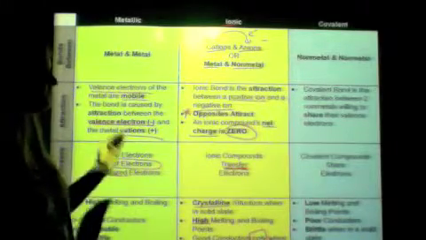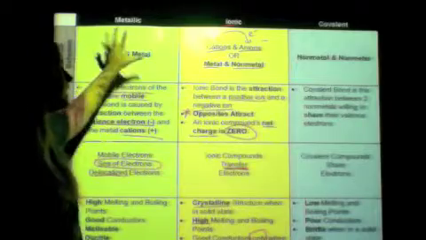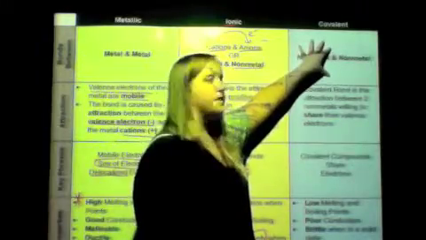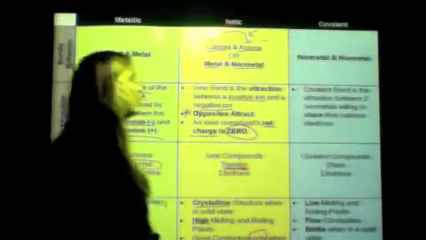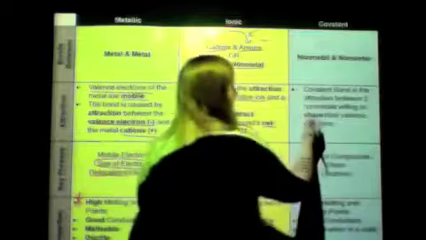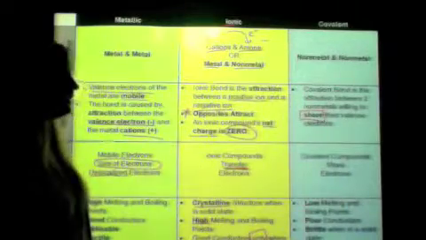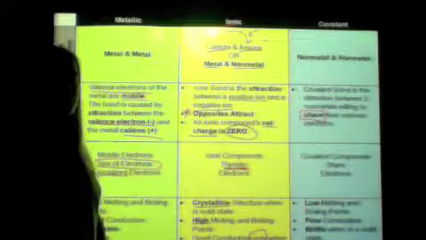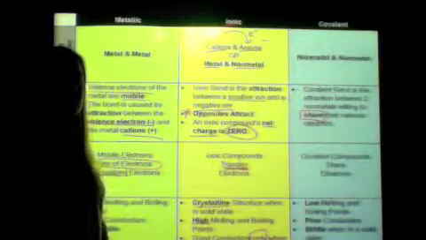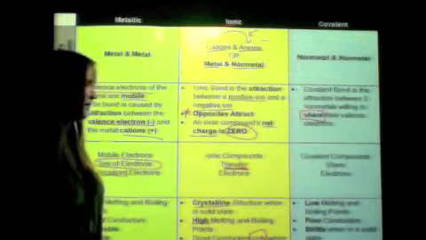So our next type of bonding, we went from metal to metal, metal to non-metal, so the only thing that's left is non-metal, non-metal, with our covalent bond. So covalent bond is the attraction between two nonmetals that share their valence electrons. Neither one of them wants to give away their electrons because they're nonmetals. So the only way they're able to put up with each other is by sharing.